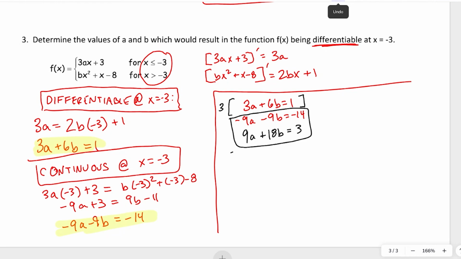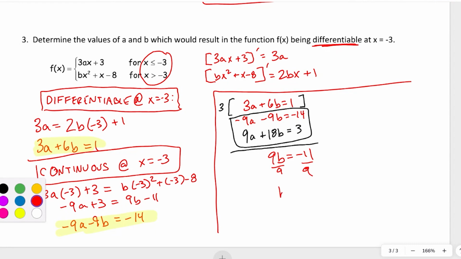So once you have your system set up, you can combine these two equations, combining the like terms. Negative 9a plus 9a is 0, and that's the whole point of multiplying by this 3, so that we can eliminate that variable. 18b minus 9b is going to be 9b. And then 3 minus 14 is going to be negative 11. So if I divide both sides by 9 here, I get a b value of negative 11 over 9.